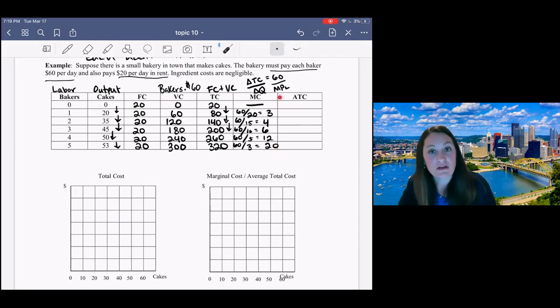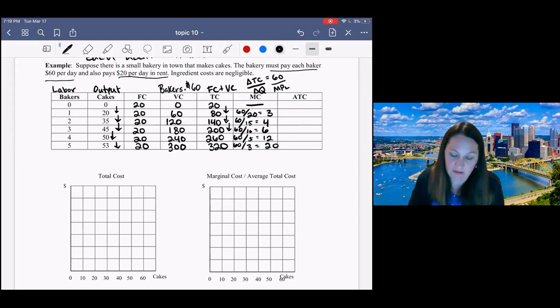One thing I want you to notice about marginal cost is that it is increasing. Marginal cost will always be increasing because we've assumed diminishing returns to scale, or in other words, our marginal product is decreasing.